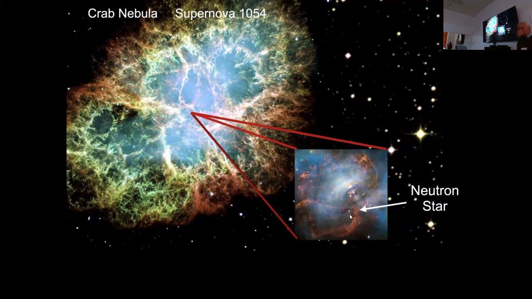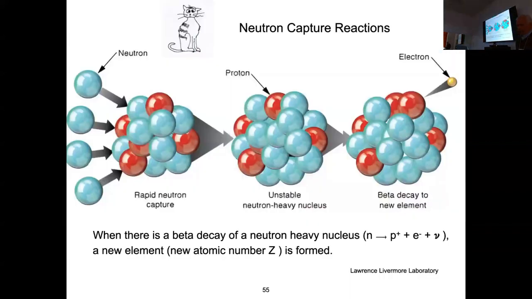And if you're up to something like, I think the limit is something like 3, it's not known exactly, but it's something like 3 to 4 times the mass of the sun, it'll form a neutron star. If it gets more massive than that, it can't even stop at a neutron star and forms a black hole. That's a different topic.